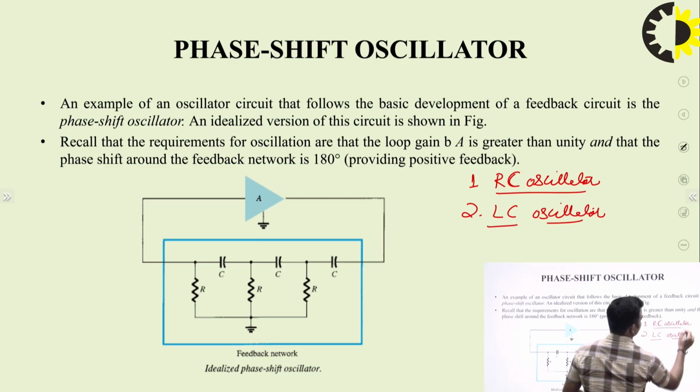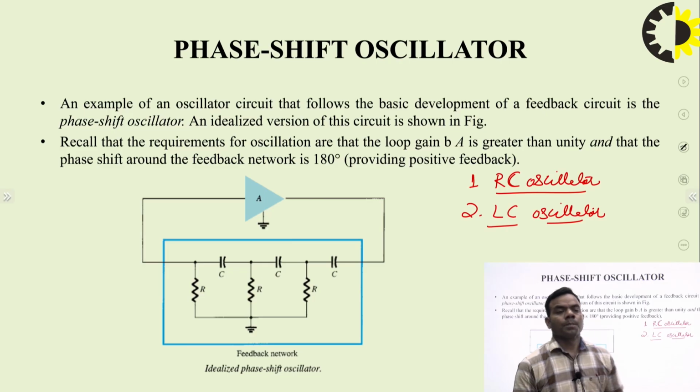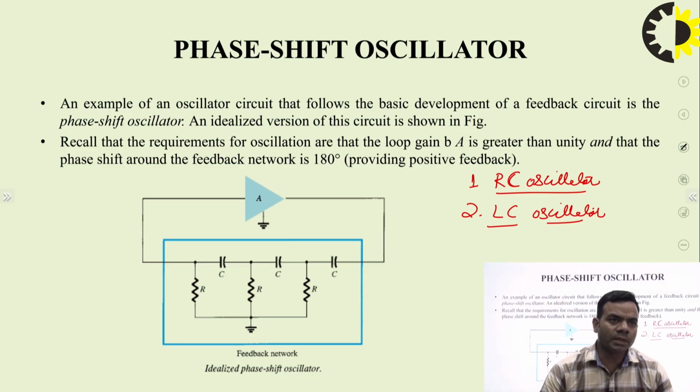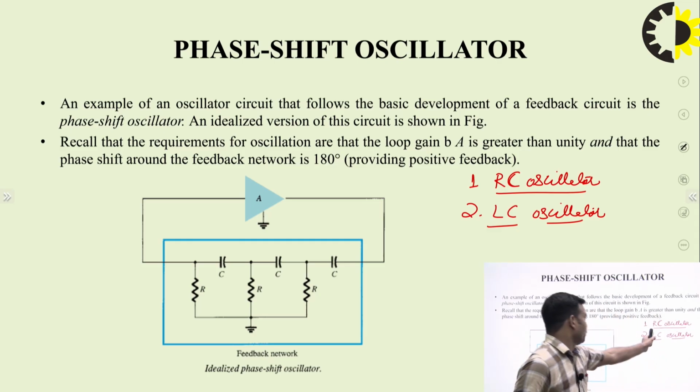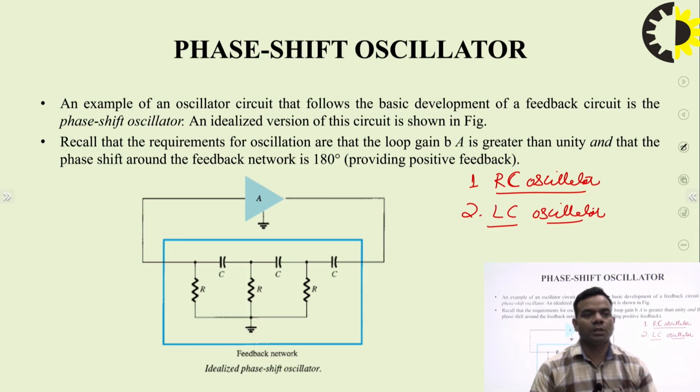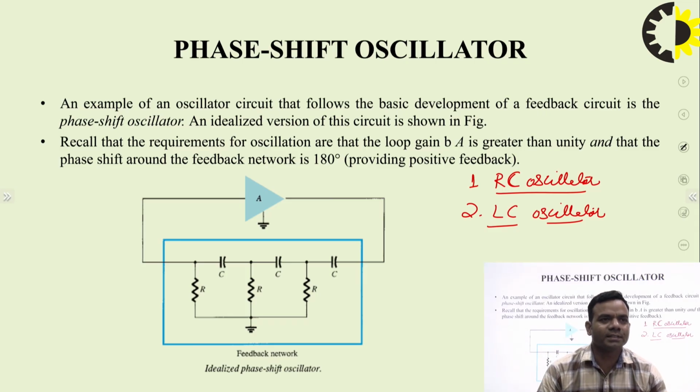It depends on the components. And one thing we need to remember is that in both cases, either a capacitor or an inductor and capacitor are involved. That means an oscillator cannot be designed with the help of simple resistive networks.